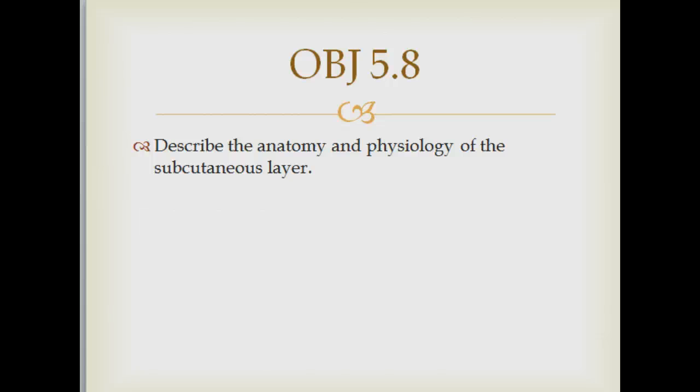Okay. Now, the subcutaneous layer, some people will not consider that a real layer because before I said there were only two layers: the epidermis, the superficial region, and the dermis, which is the deep layer. But when you're looking at a diagram, what you'll actually find is that the subcutaneous layer, or the hypodermis layer, actually sits below the dermis layer.